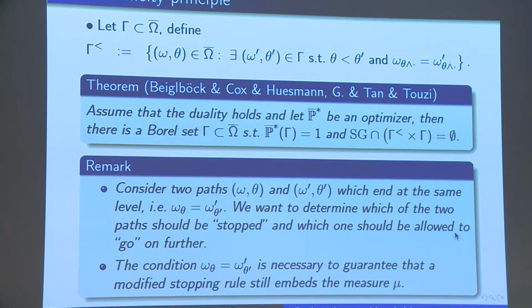It's called the monotonicity principle. So, if there exists some optimizer and there is no duality gap, then we may find some Borel set gamma, such that the optimizer is supported on gamma, and moreover, the intersection of gamma with the set SG, the collection of all stop-go pairs, is empty.